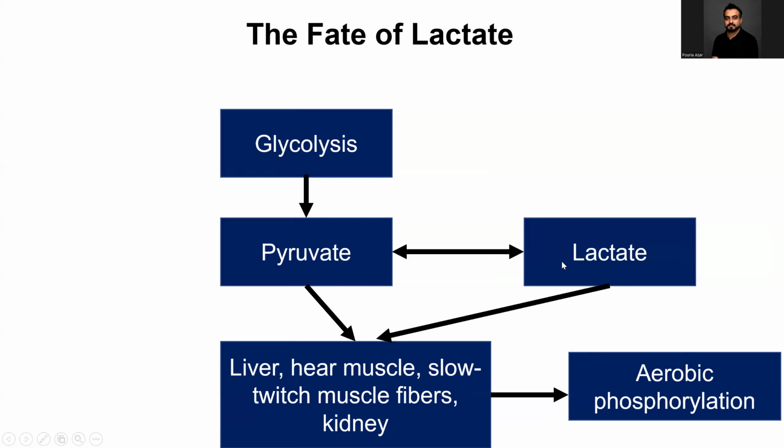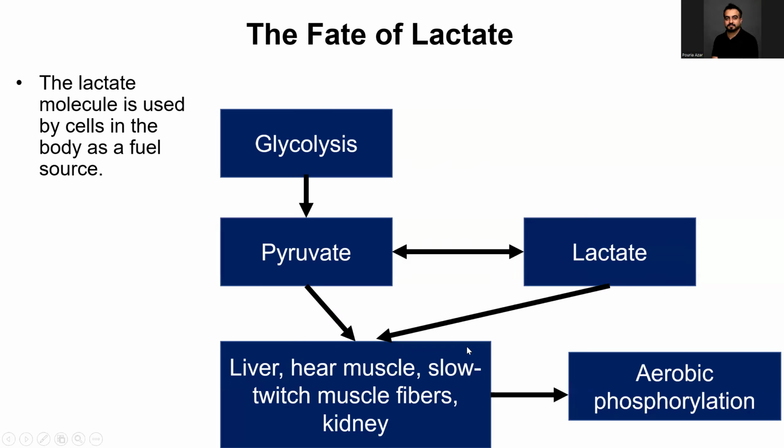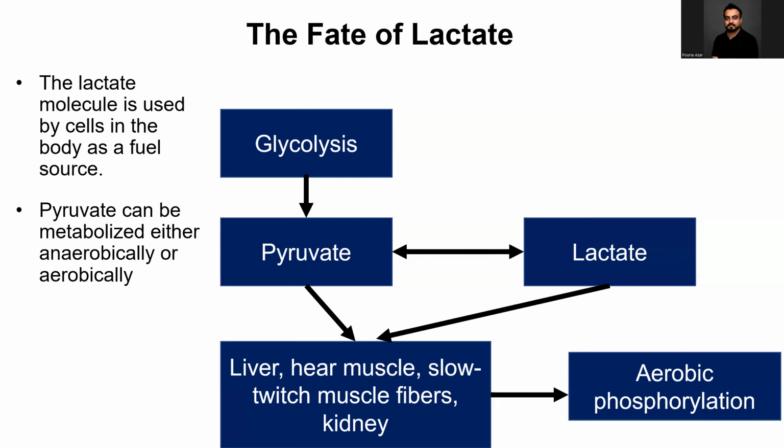But this lactate can also be taken up by the liver, heart muscle, slow twitch muscle fibers, and kidney, and used for aerobic phosphorylation. So the lactate molecule is used by cells in the body as a fuel source, and the pyruvate can be metabolized either anaerobically or aerobically.